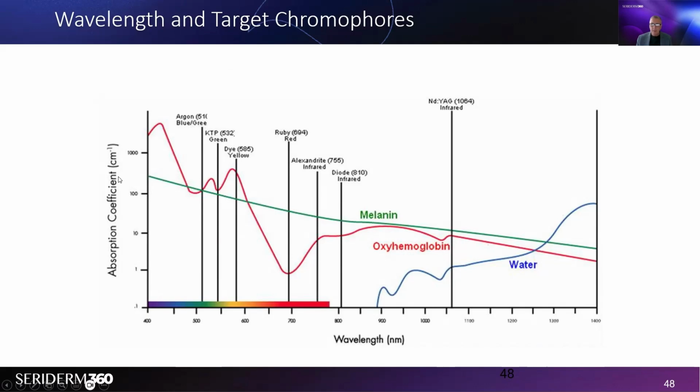So if there was a 440 nanometer laser in existence, it would be 20 times more absorbed in blood than in melanin. Therefore, on paper, that would seem like a really good wavelength to use for blood vessels. But the problem is blue light doesn't penetrate deep enough because it's so superficial.